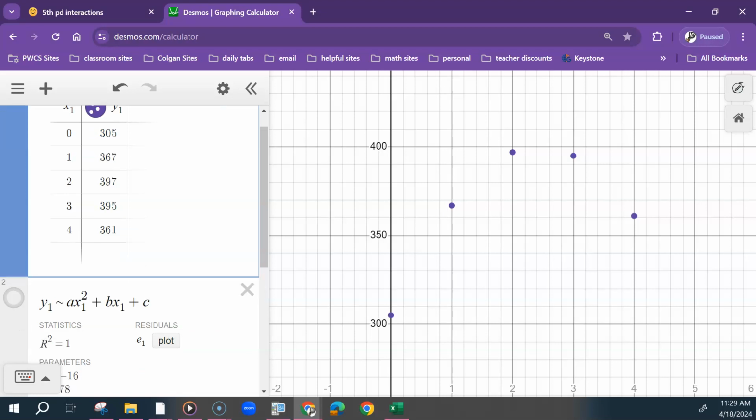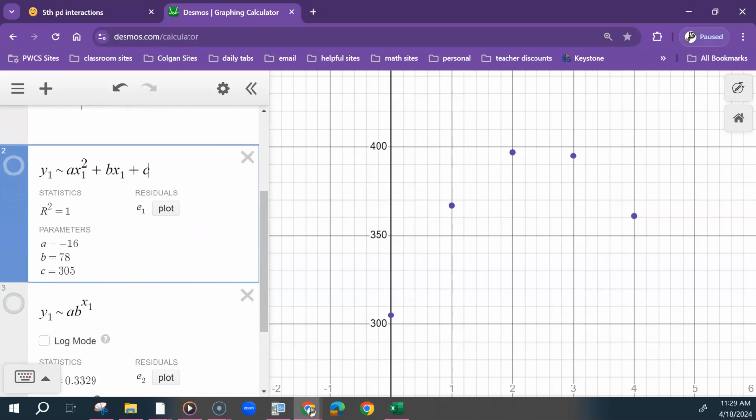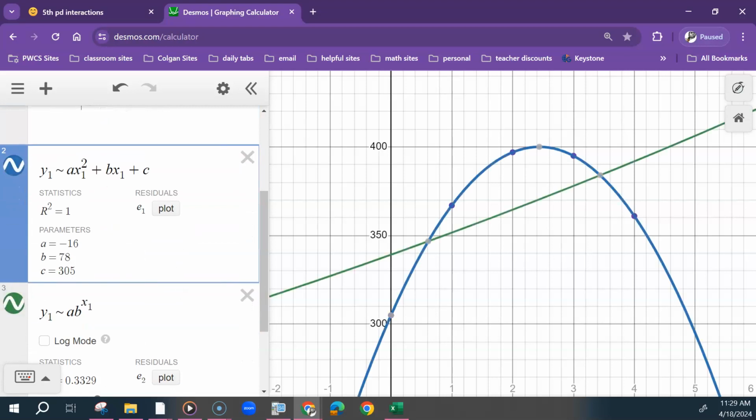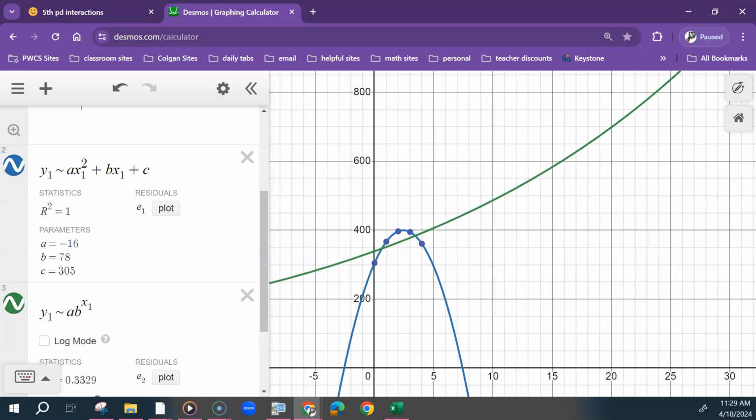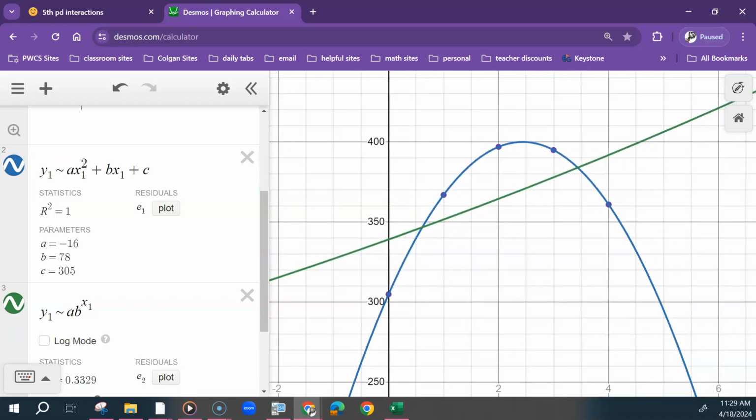Now I'm going to show you what happens with both equations. With our quadratic, it looks like it goes through all the points. It matches perfectly. My exponential, I have to zoom out to see the curve, but it doesn't really fit it well. One other way you could decide is by looking at the correlation coefficient, the R-squared value, and I'll show that in the calculator in a second.